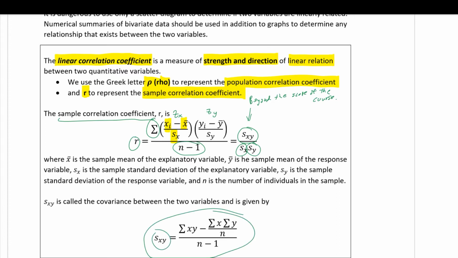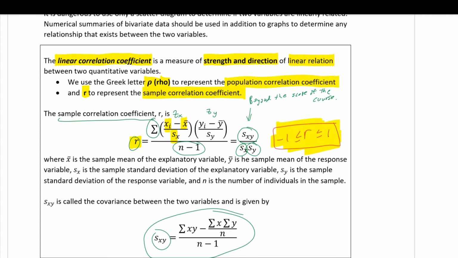Now, the more important thing about this r value, the sample correlation coefficient, is this: it's designed in such a way that the r value only produces values that are bounded between -1 and 1. That's very important. It won't be anything outside of that range. And that's really nice, so that's the most important thing to get out of this.